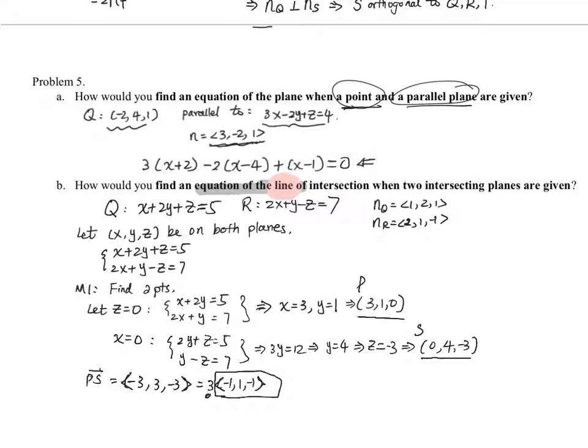So this is the direction I use, and therefore the line is, hopefully you still remember, x, y, z is equal to a point. I'm going to pick the point P, so 3, 1, 0, plus t times the direction, negative 1, 1 and negative 1. So therefore this is my method number 1, okay?